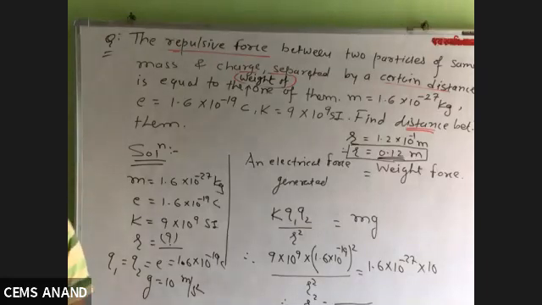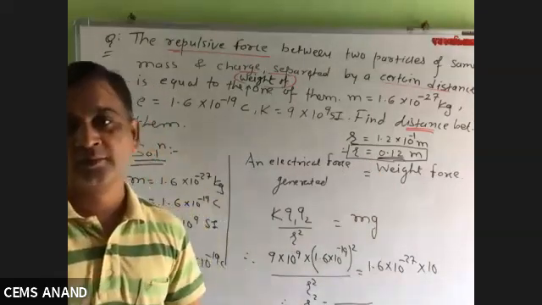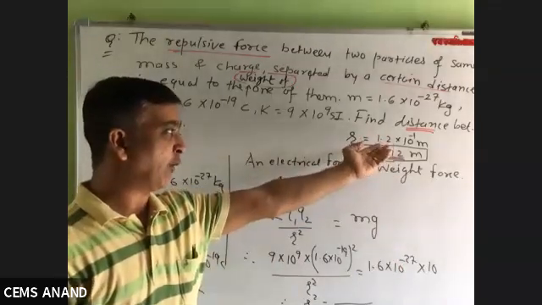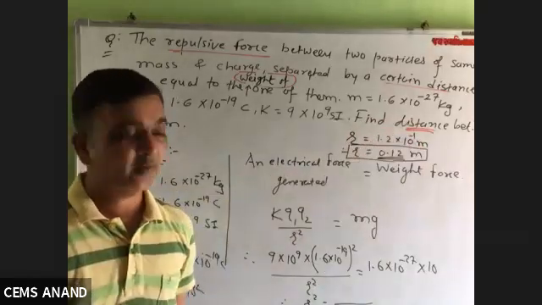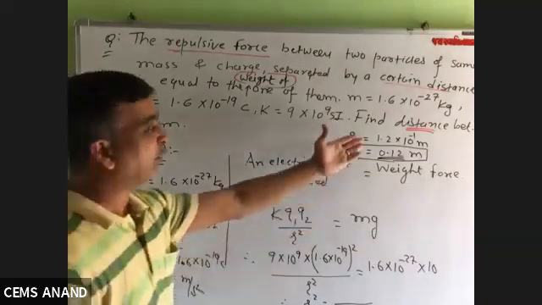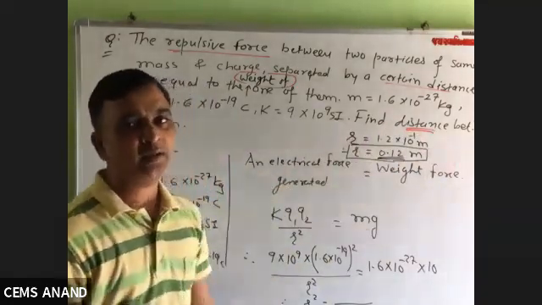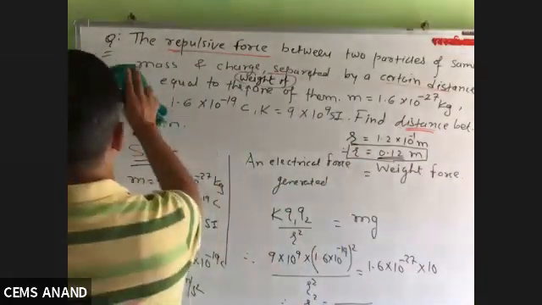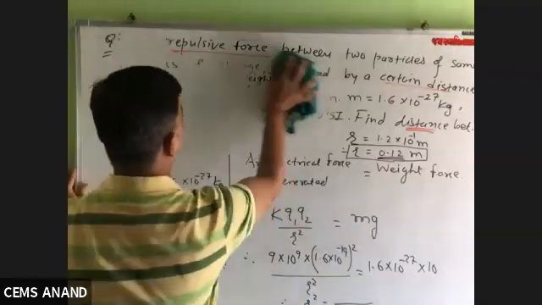I hope all of you who raised their finger got the same answer. It may be in some different form, like 1.2 into 10 raised to minus 2 meter or like that. But finally we can write 0.12. Or you can write 12 into 10 raised to minus 2 meter as well. Then also you are correct. So let's move on to the next question.